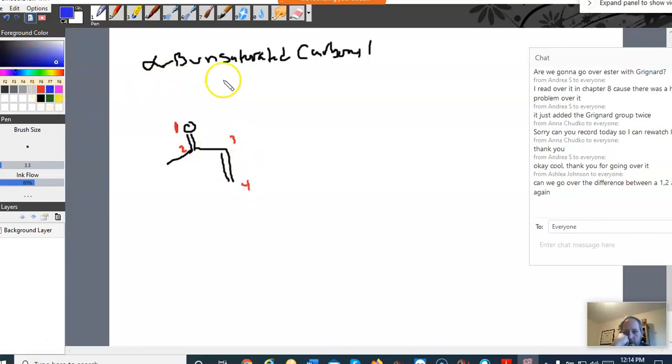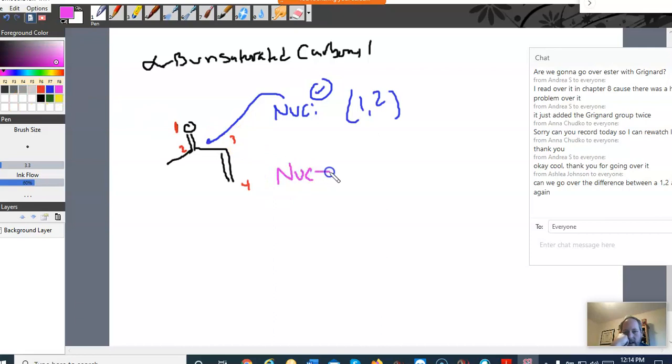So if you have a strong nucleophile, remember, a strong nucleophile is one that has a negative charge. These go 1, 2. So like a Grignard, LAH, whatever. If you have a weak nucleophile, remember a weak nucleophile has a hydrogen instead of a negative charge. These go 1, 4. These are going to add right there.